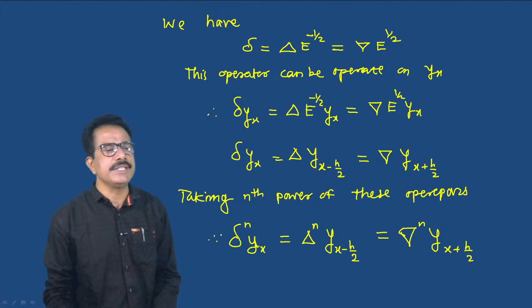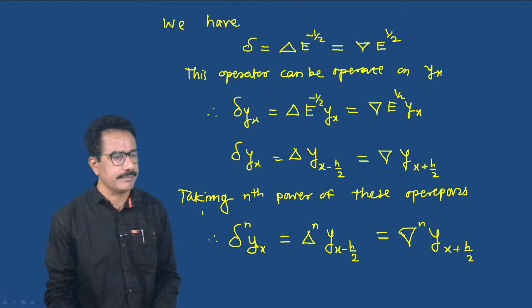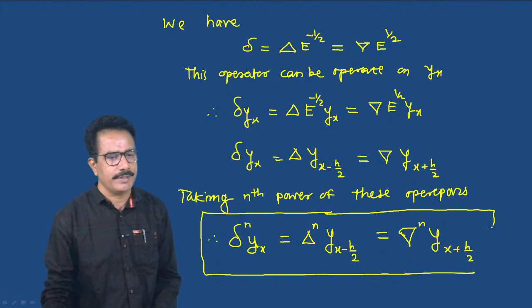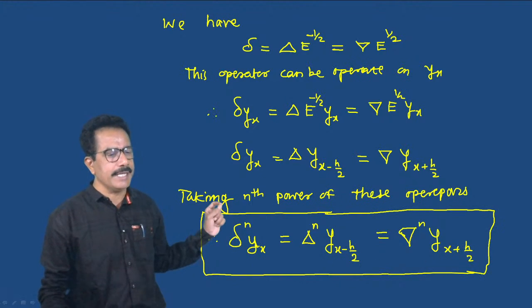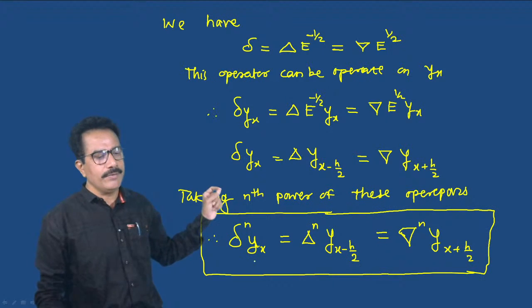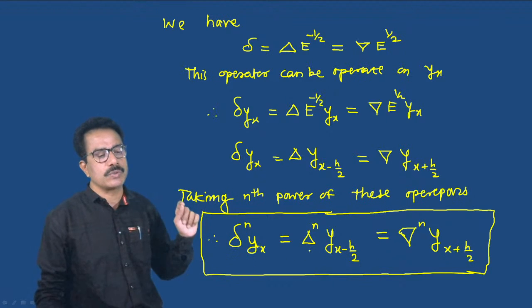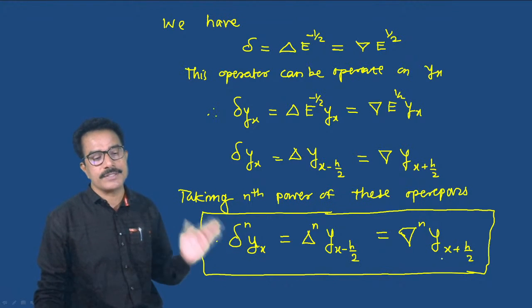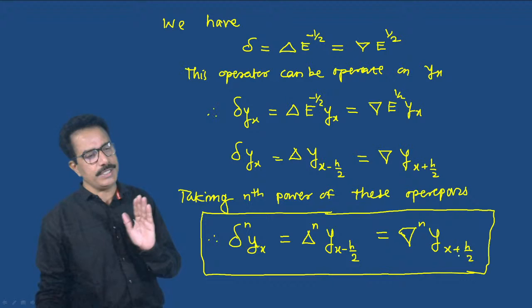We can write in this way also. This is the nth difference operator. This can be represented for the nth difference operator. Means delta n y suffix x is equal to delta n y suffix x minus h by 2, del raised to n y suffix x plus h by 2.